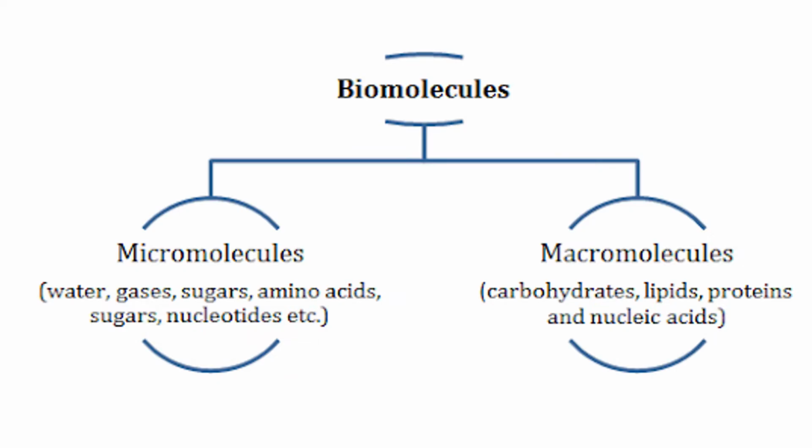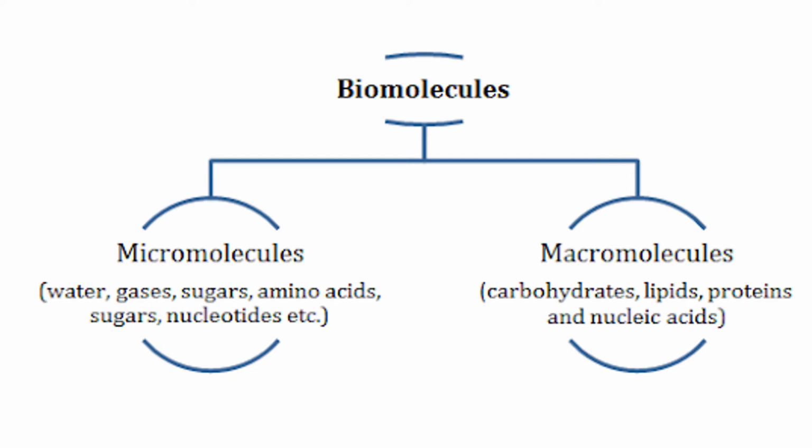Now, as you can see over here, biomolecules are of two types: one is micromolecule and the second one is macromolecule. Micro means low molecular weight substances, and macro means larger molecular weight substances.